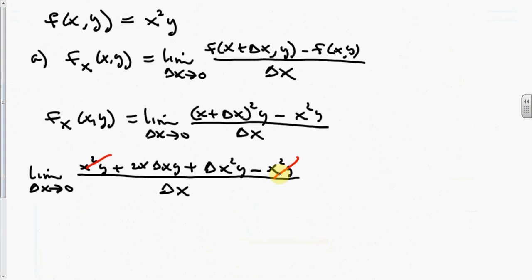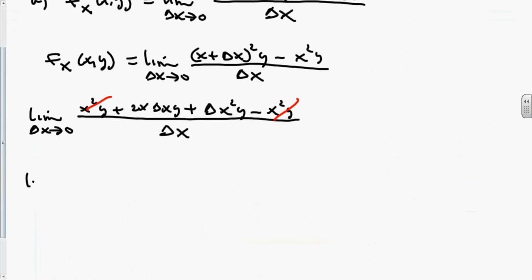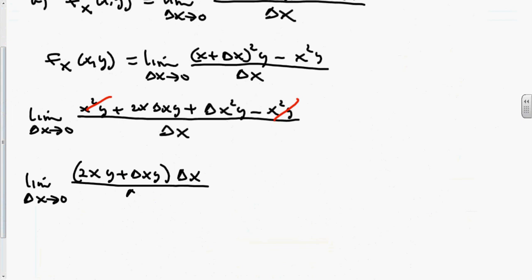The x squared y's cancel. You have the limit as delta x goes to 0 of 2xy plus delta x y, parentheses, just factored out delta x divided by delta x, because the delta x divided by delta x cancels out.